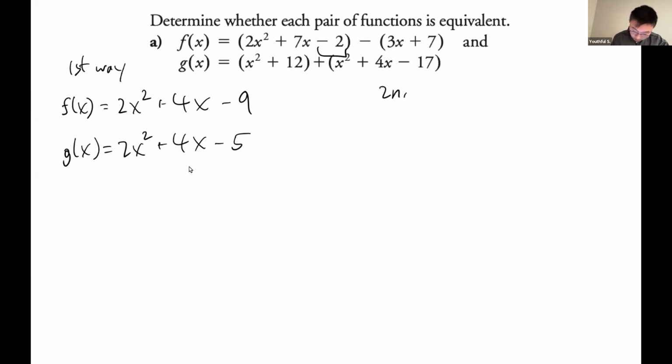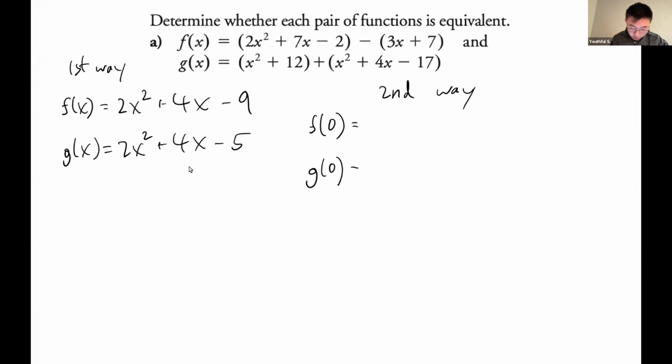The second way would be to substitute a value of x and see if the resulting values are equal. So for example, if I substitute x equal to 0, 0 is a nice number because it's going to cancel out all the terms with x.